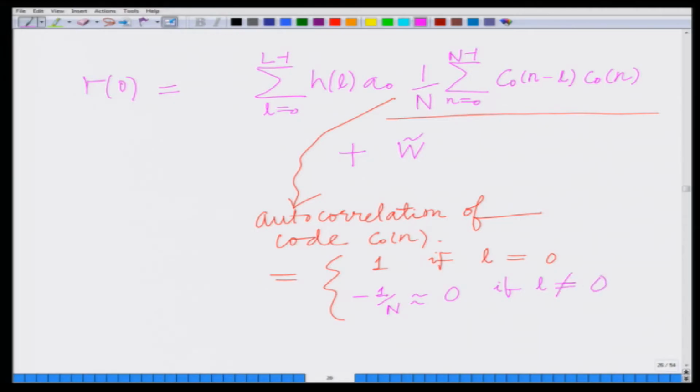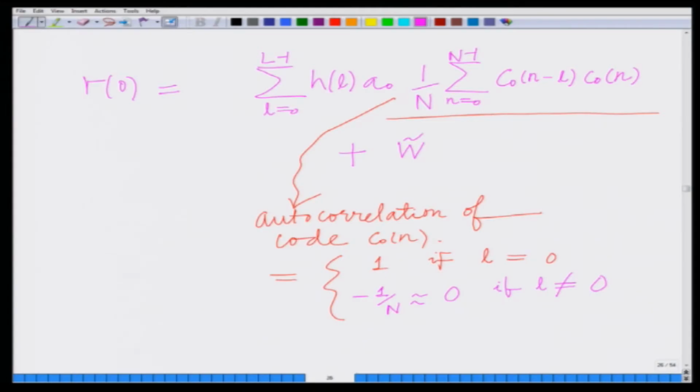So, we have seen that this product 1 over n summation over n C naught n minus L times C naught n is the autocorrelation of the code sequence C naught n. It is equal to 1 if the shift L is equal to 0, and equal to minus 1 over n, which is approximately 0 for large n, if L is not equal to 0.